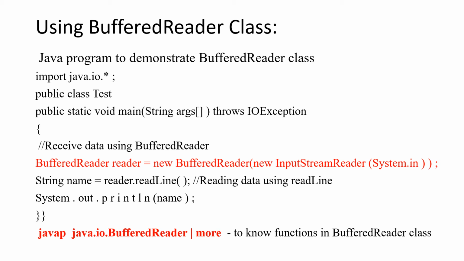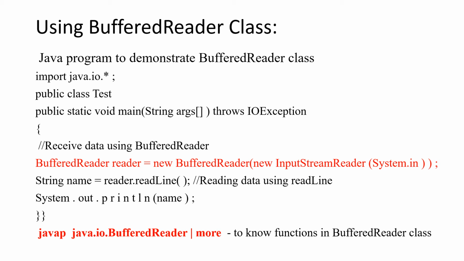If you know a package name and a class name, and the package in which that particular class is present, then you can find the methods present in that class using the javap command.